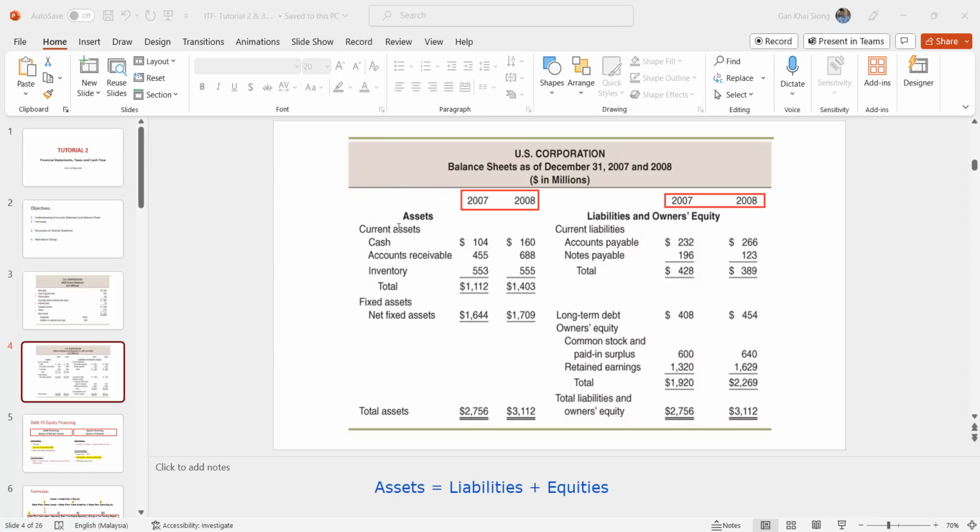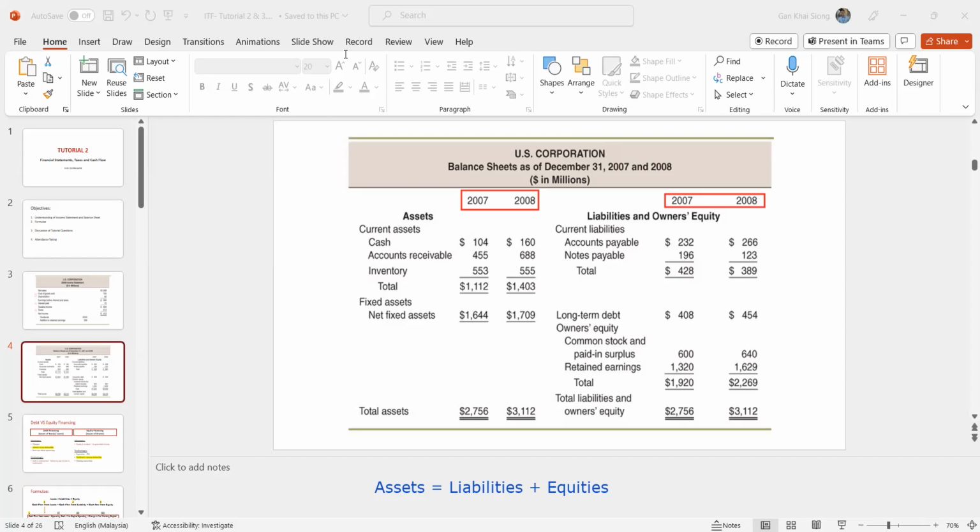Now, I need you to remember we have 2 types of assets. One is current asset. Current asset is for the short-term one, the liquid one, like for example, cash, inventory, the people that owe us money. These are what we call current assets. And we have non-current assets as well. Non-current assets are for the long term, or we can call them fixed assets, okay, which can last over the years, like for example, equipment, technology, machineries, buildings, and so on, right?